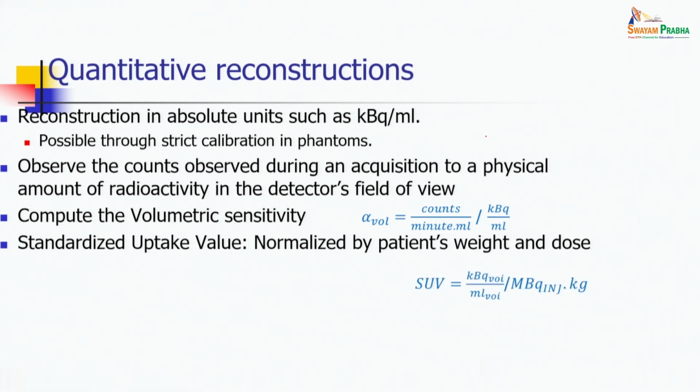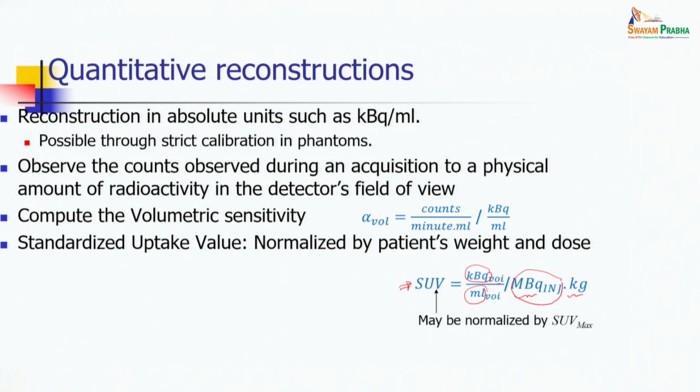This is how these values are expressed. This is a volume of interest. So what is the amount of dose in absolute terms per milliliter, what is the total dose in MBq injected, and also the weight of the person. That expresses the respective concentration in terms of SUV, which helps in diagnostic purposes.